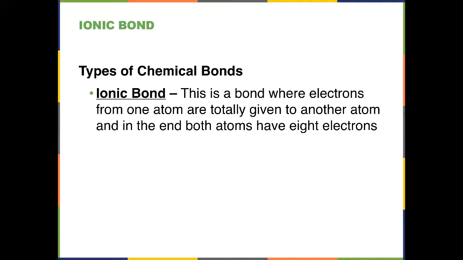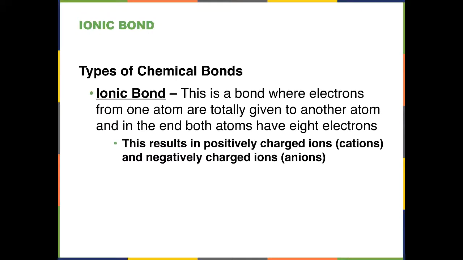So this is a bond where electrons from one atom are totally given away to another atom, and in the end, both atoms have 8 valence electrons. This results in a positively charged ion, known as a cation, and negatively charged ions, known as anions. And this is why these are called ionic bonds.